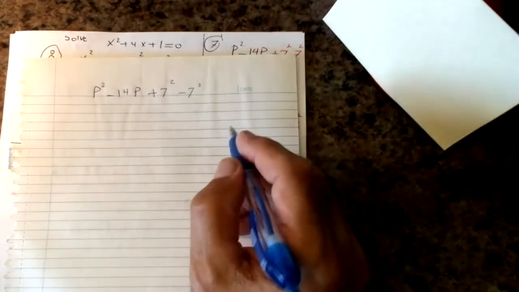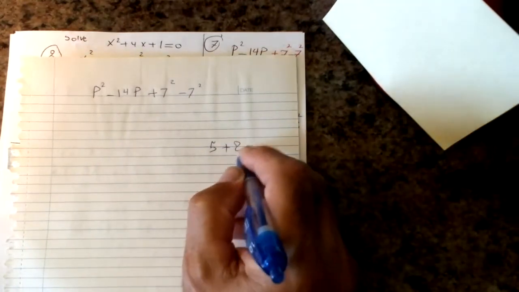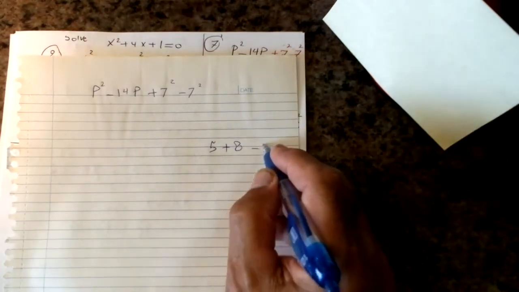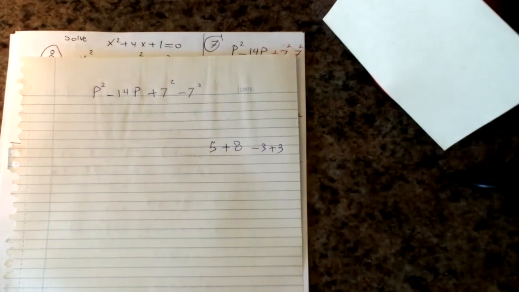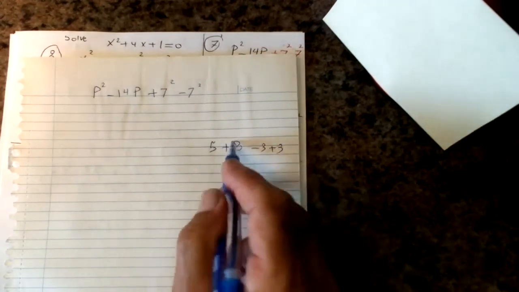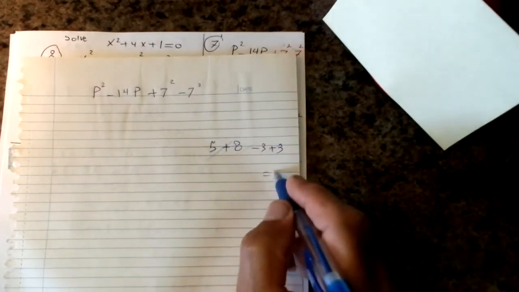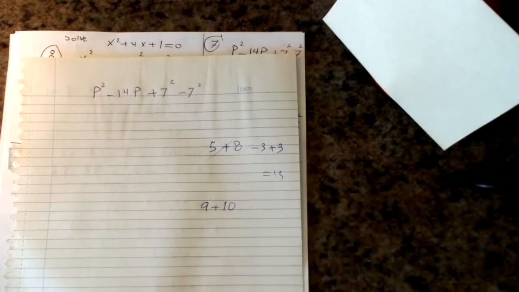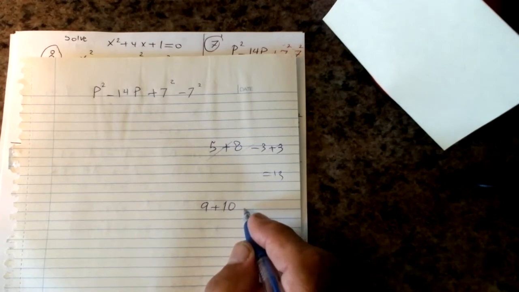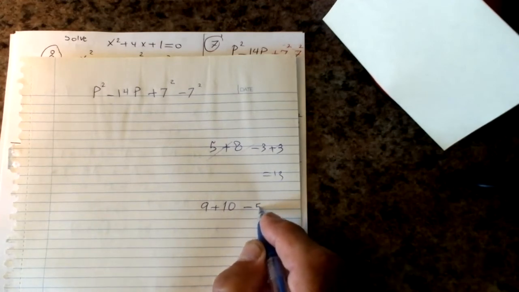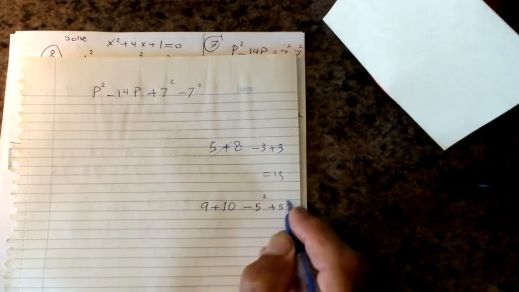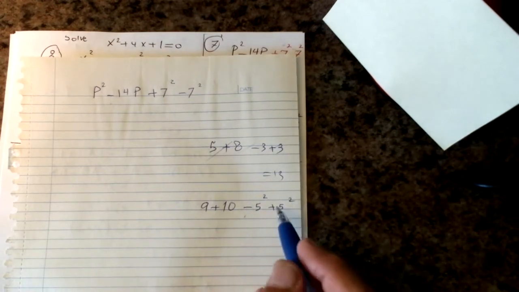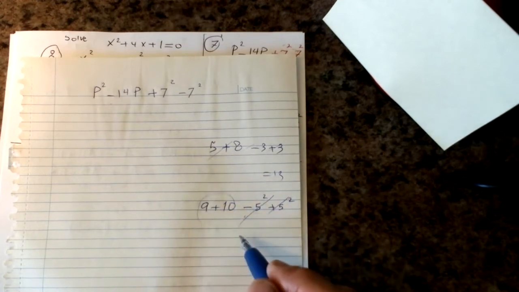Like if I have 5 + 8, which I know is 13, and you add negative 3, positive 3, does that change anything? No, because the outcome is still 13. Or if I have 9 + 10, which we know is 19, does that change if I just say minus 5² plus 5²? No, because this is negative 25 plus 25, so you still have 19.